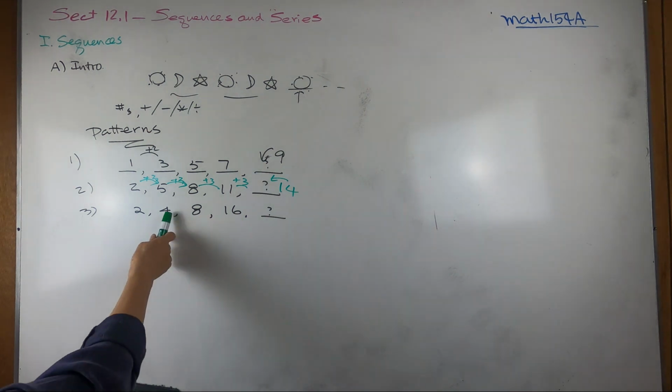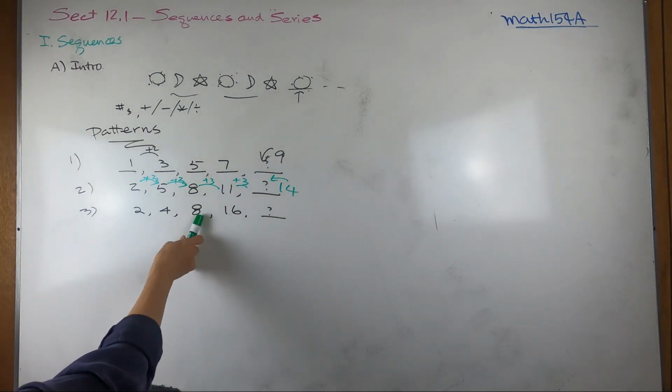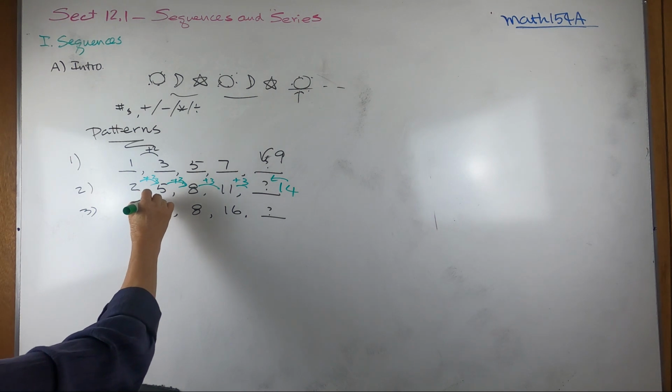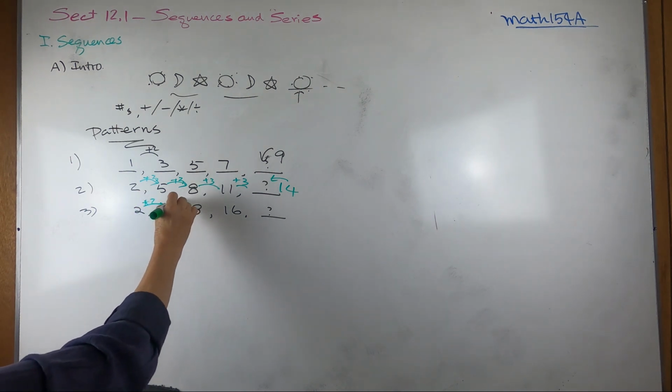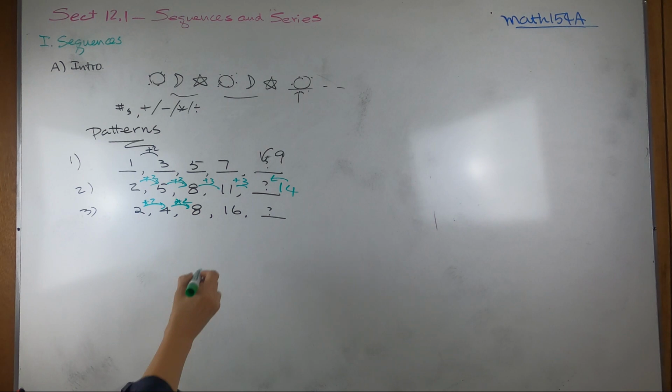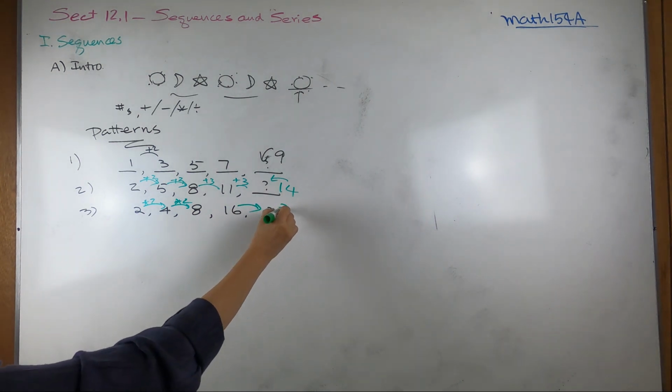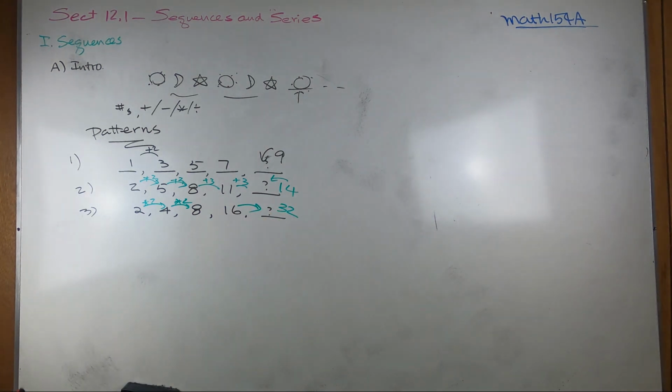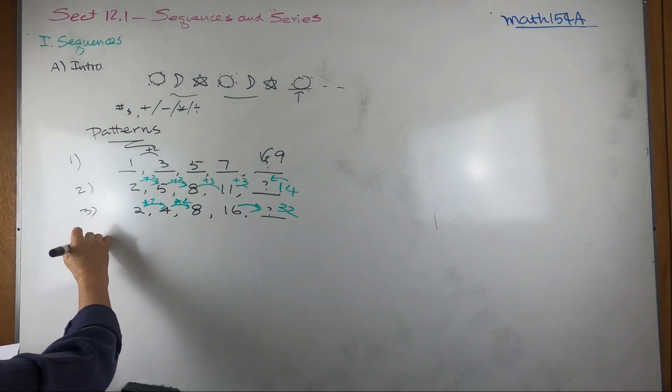However, you will see this is double the previous one, double, double. So you will be multiplying by 2. So the next one will be 32. Is that right? So it's either adding, subtracting, multiplying, or dividing, but sometimes it's not.